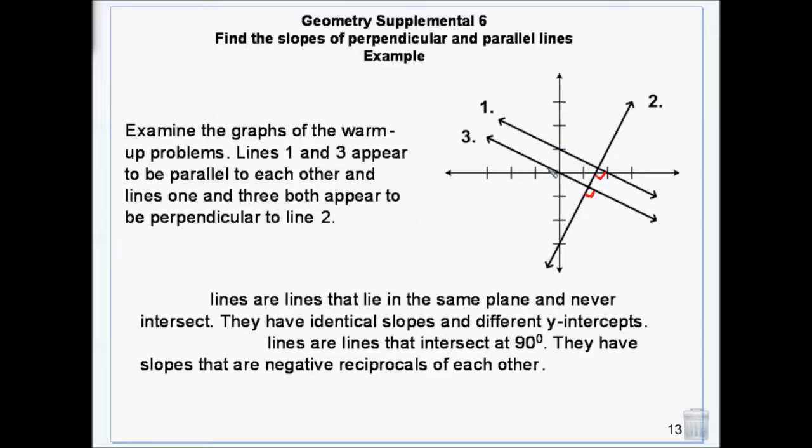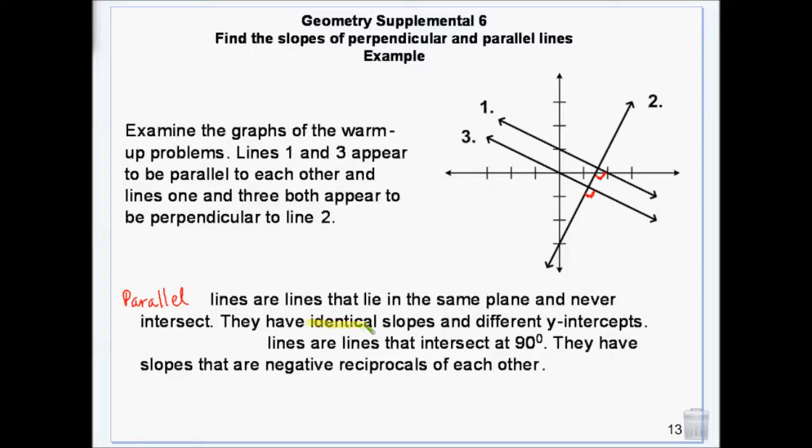If I have parallel lines, they're lines that lie in the same plane, like 1 and 3, and they never intersect. They have identical slopes. So this is really the important part. Let's do highlighter.